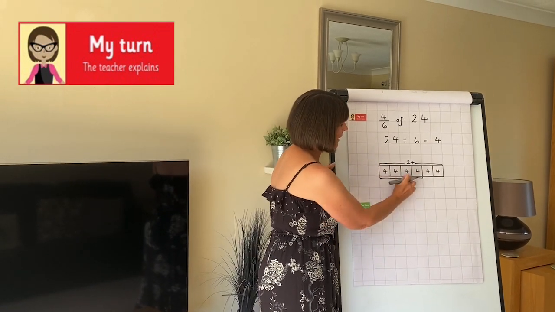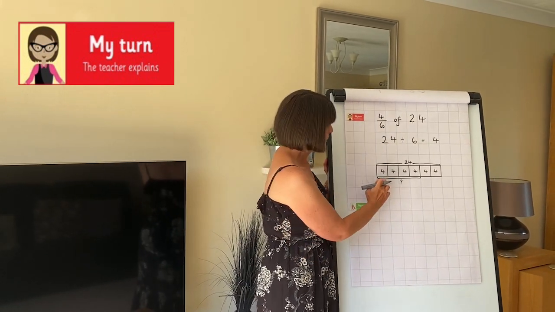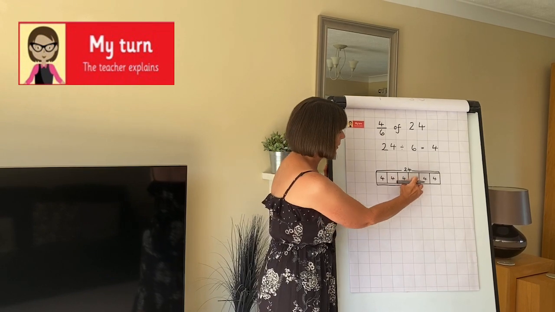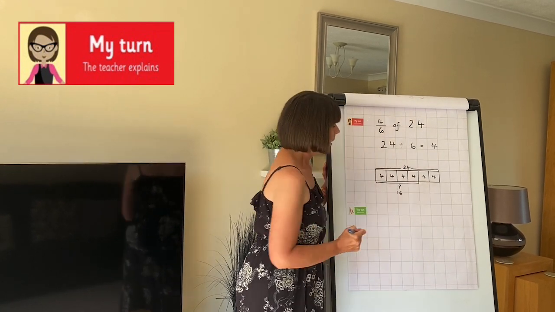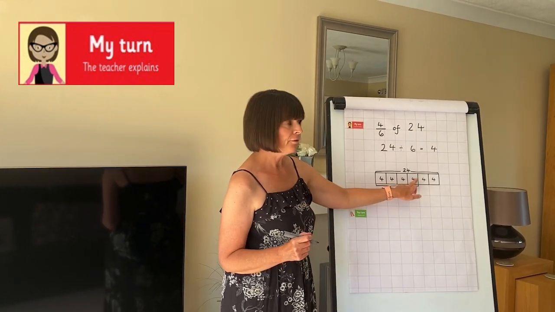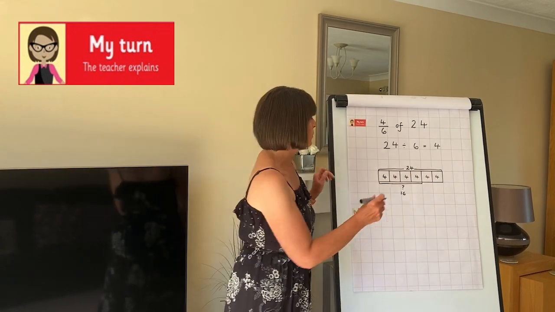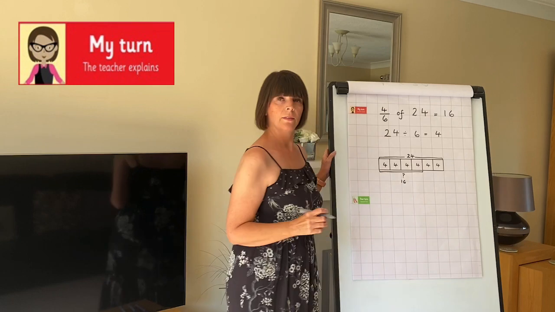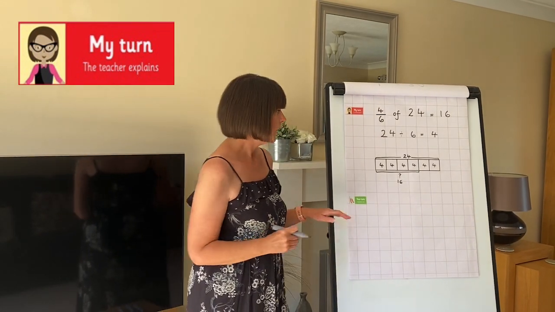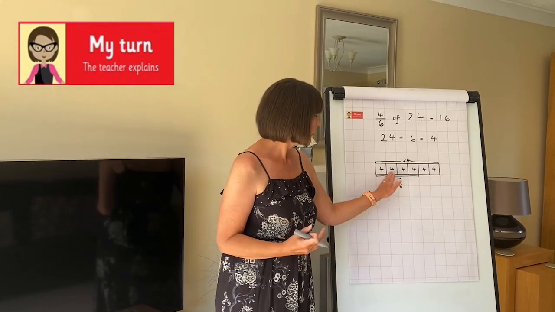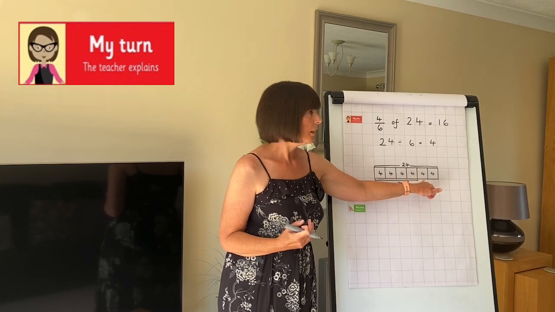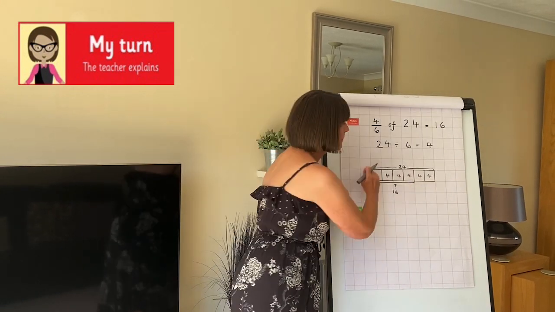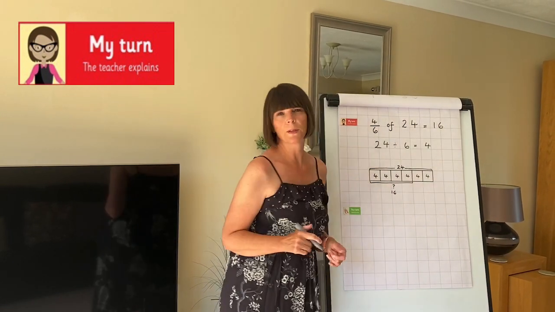So I'm going to now calculate all of those boxes here. 4, 8, 12, 16. I've now worked out 4/6 of 24, and I know that my answer is indeed 16. If I wanted to work out 5/6, I'd just add on another box, and that would be 20. And then I'd be back to my whole amount of 24 when I get to the end of my bar.